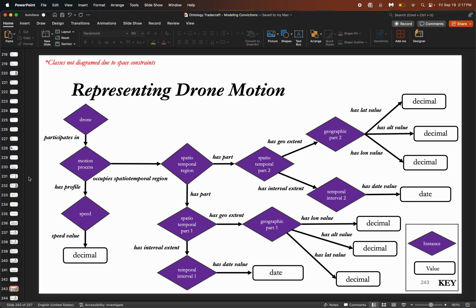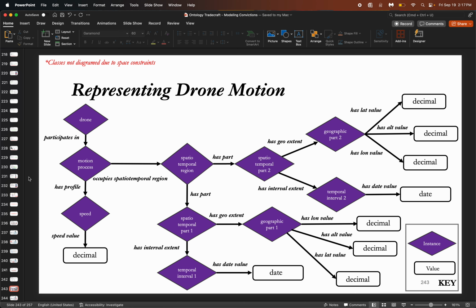I won't go through all the modeling that went into building this design pattern, but you can see what we have is we want to represent a drone participating in some process with a speed. That process occupies a spatiotemporal region that has parts like spatiotemporal part 1 or 2. The spatiotemporal parts themselves have geographic extents and interval extents, because remember, spatiotemporal regions project onto space and time.